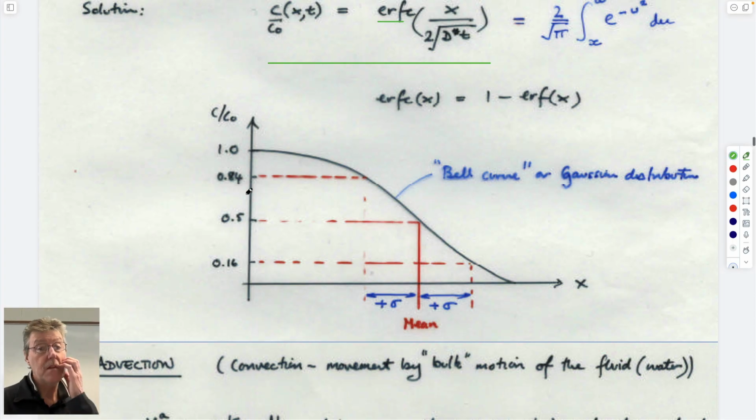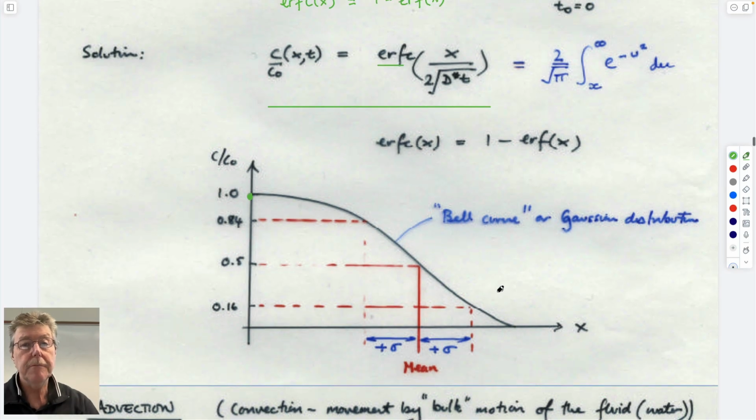Looks like this. And so if you hold the concentration to be a relative concentration of 1, so 10 milligrams per cubic meter would be the value, and if you hold it there, the distribution in x turns out to be this after some time.